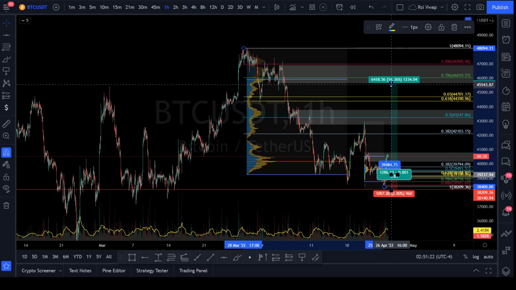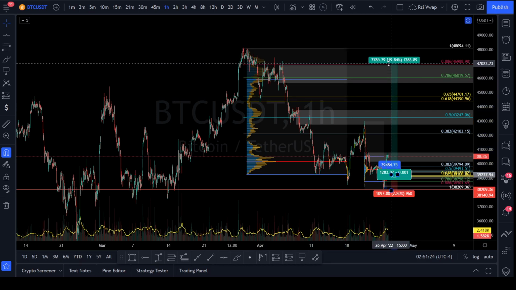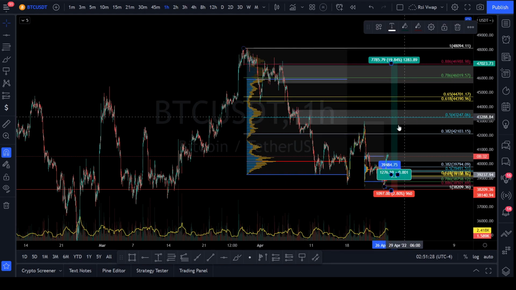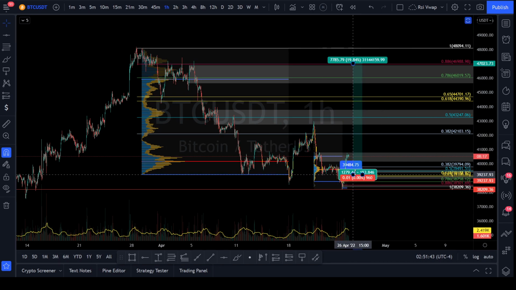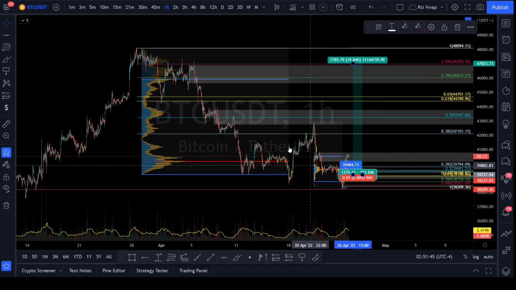So I'd probably look to run this all the way up to about the 886. If we get the move up that I'd be looking for, I'd be taking profits along the way at about 43 and 46. And if you have your stop loss, you can slowly bring your stop loss up to break even.